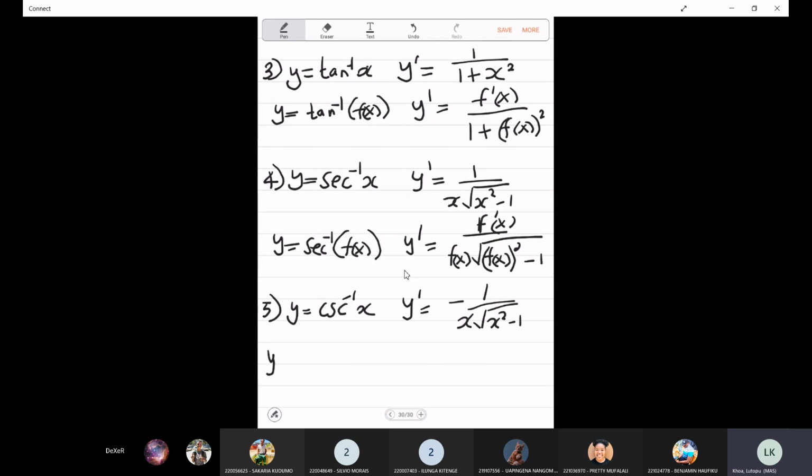So if your y is equal to cosec inverse of f of x, then y prime is negative f prime of x over f of x multiplied by the square root of f of x squared minus 1. And remember, the functions that start with the c are the ones whose derivatives are negative.